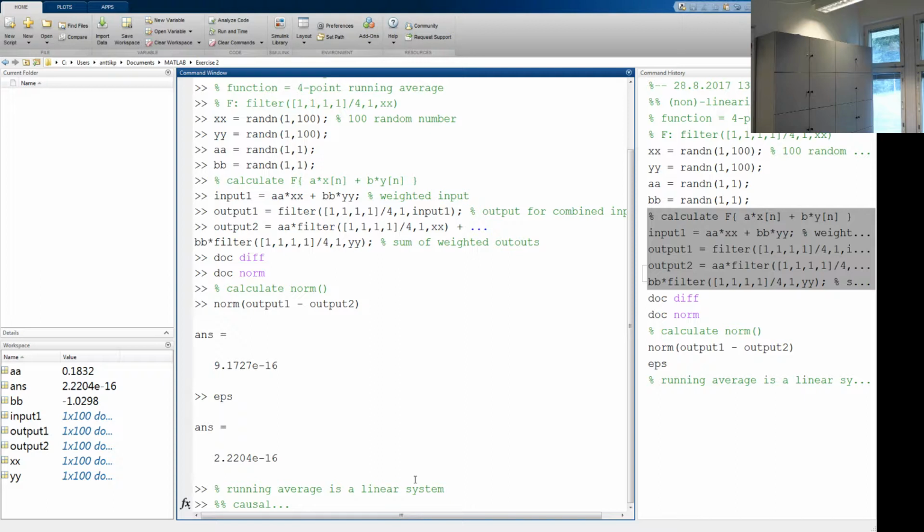So we take any random signal which starts at a certain point, run it through a system, and check if it has any non-zero elements before this one starts. So we can actually use the step function here, and then we check this part here. That should be 0.